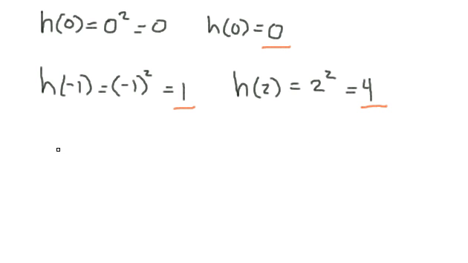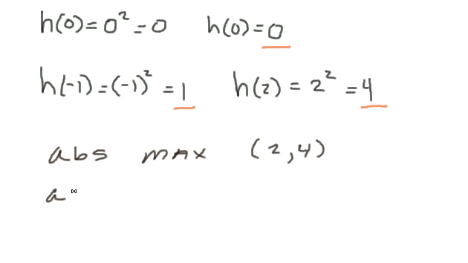We're going to say that the absolute, and I'm just going to abbreviate it as ABS, the absolute max, and I'm going to label this as the point here. Okay, so the absolute maximum is occurring at the point 2, 4 on the graph, and the absolute minimum is occurring at 0, 0.